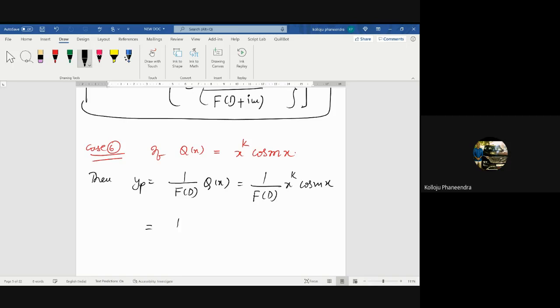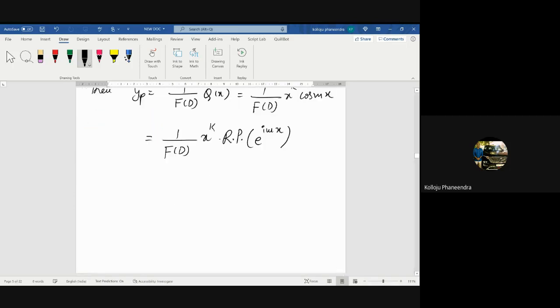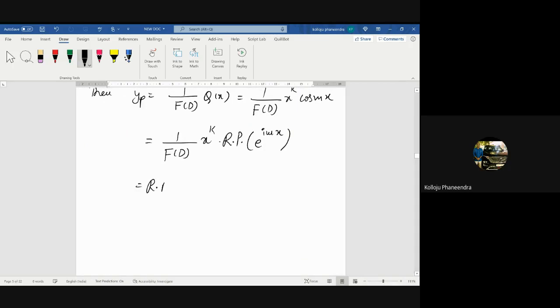So I have to write cosine mx as the real part of e to the power of i mx. Now take the real part in front: real part of 1 by f of D into e power i mx first, then x power k.